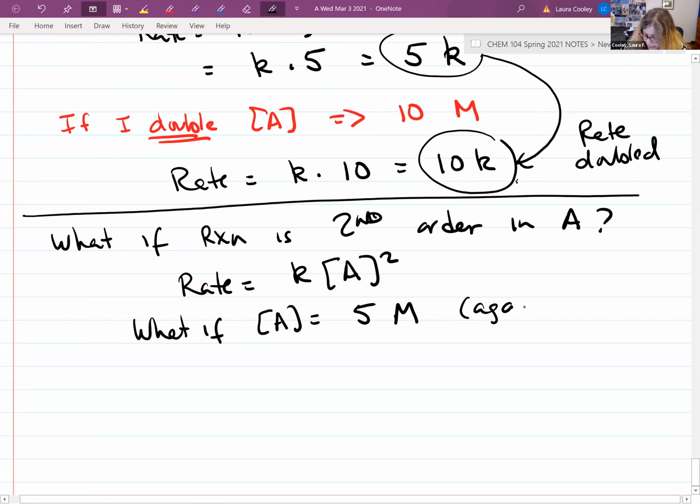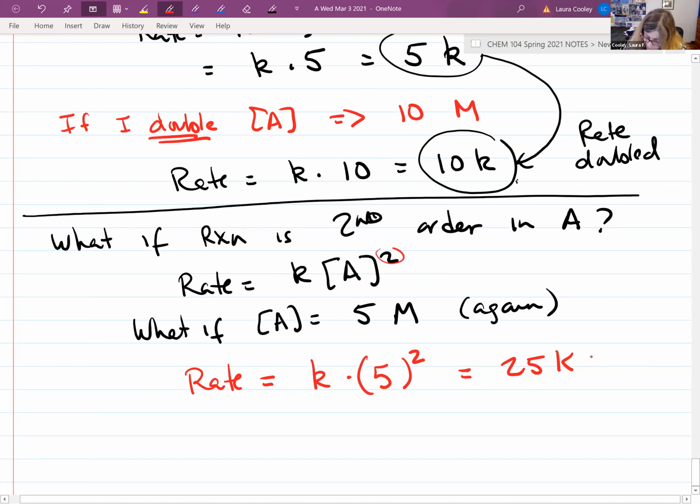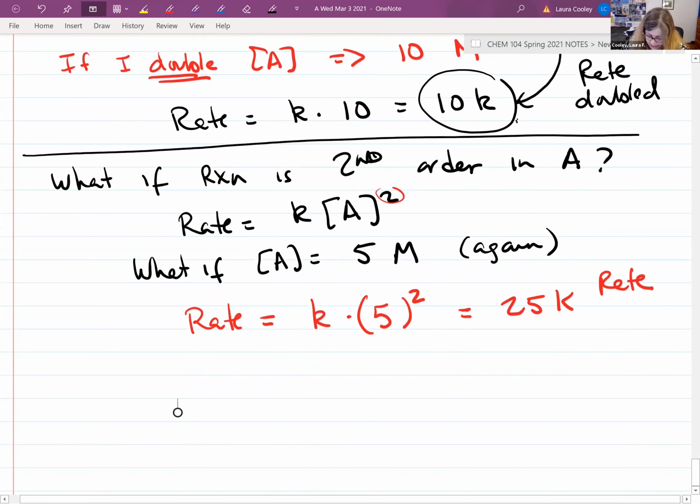What's the rate equal to in that case? K times what? 5 squared, right? Because there's a 2 here. 25K. That's the rate. This is a different reaction, right? It's a second order reaction.